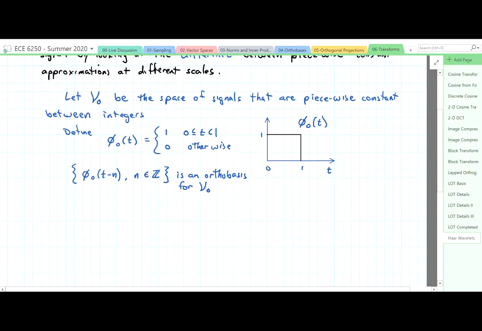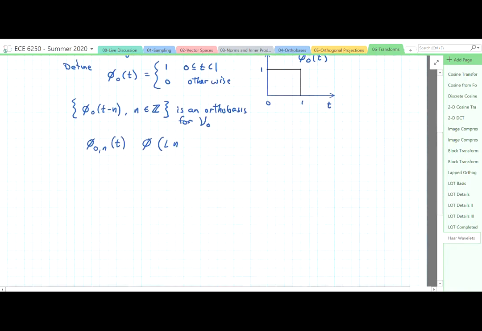And because this gets a little bit burdensome to write, we're just going to say phi 0,n of t is equal to phi 0 of t minus n.